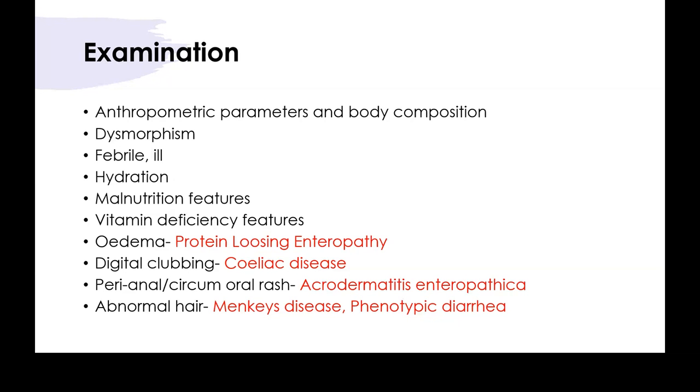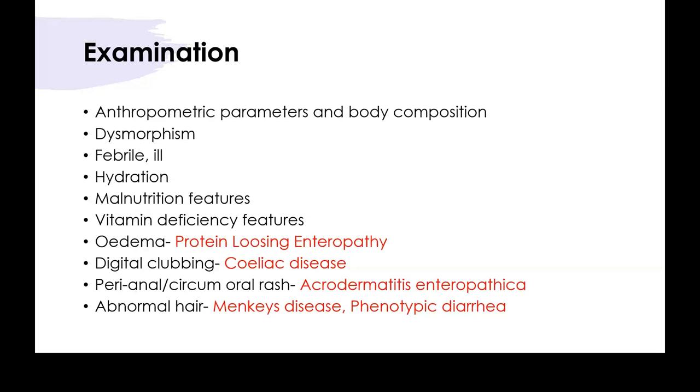The anthropometric parameters, the weight, height, and the drop in centiles will tell exactly how severe is the illness, what is the chronicity, and what is the significance of the diarrhea, right? In addition to that, the dysmorphic features. So in pediatrics, we always think about dysmorphism when seeing a child with any particular condition. But in relation to chronic diarrhea, the significance of dysmorphism is, as you all know, the phenotypic diarrhea.